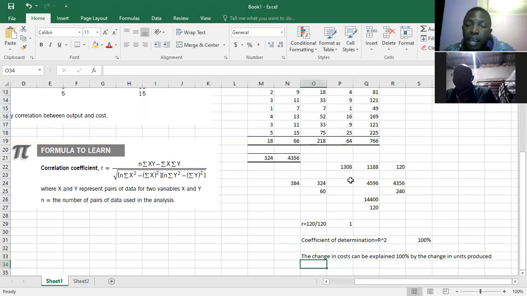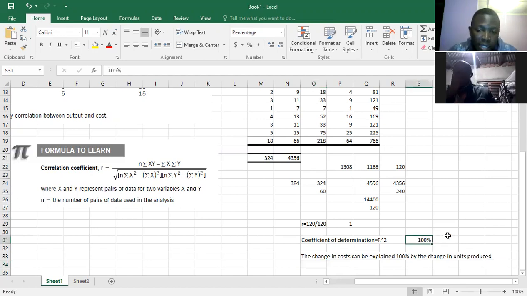If it's less than 100, it means there are other reasons which cause this guy to go up or down that we are not aware of. The element that we have found the correlation with can only account for that percentage that we will find.